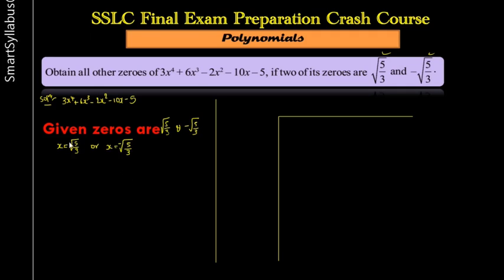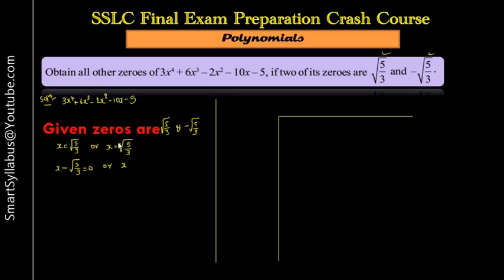Now take this square root of 5 by 3 to the other side. So we get x minus square root of 5 by 3 is equal to 0, or even here, take this minus to that side, so we get x plus square root of 5 by 3 is equal to 0.